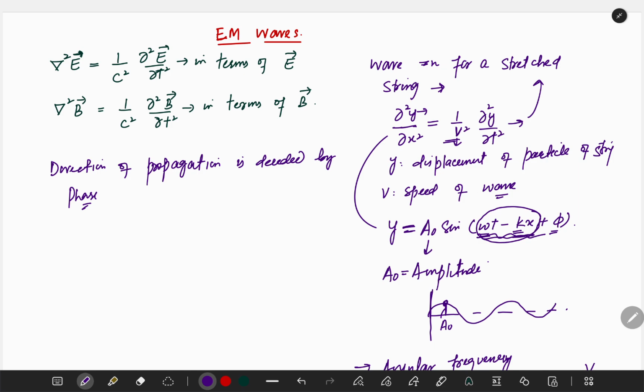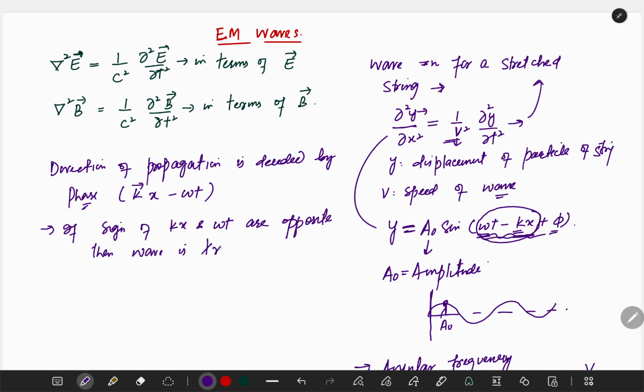If the signs of kx and omega t are opposite, then the wave is traveling along the positive x direction. For example, kx is positive and omega t is negative.